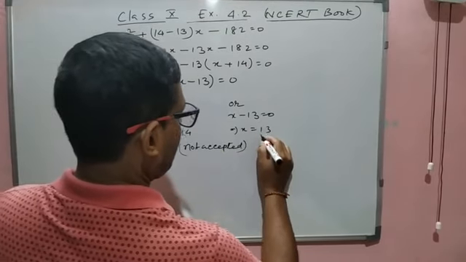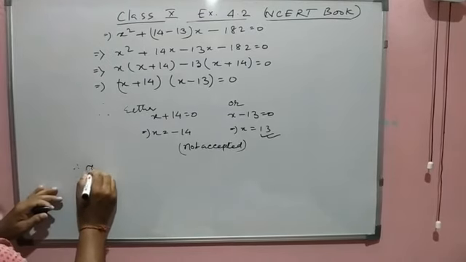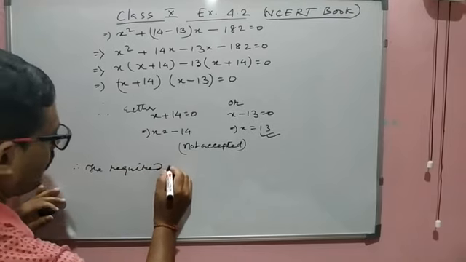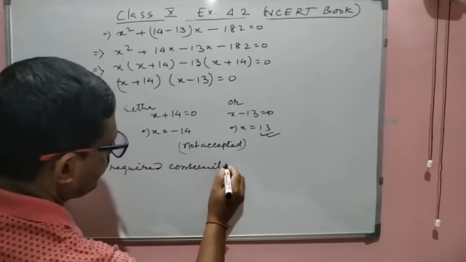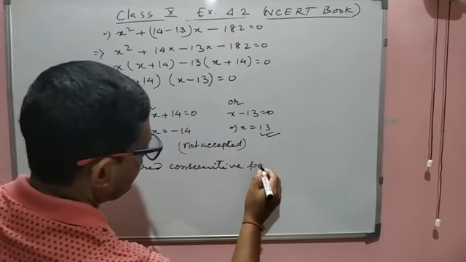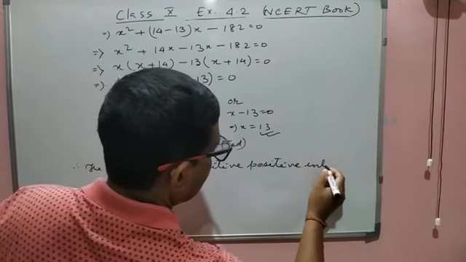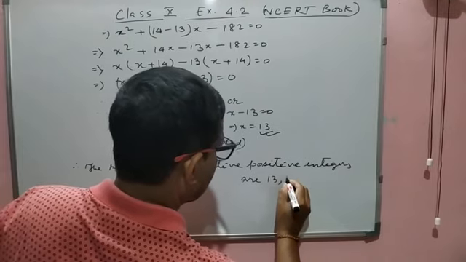So our value of x is 13. Therefore the required consecutive positive integers are 13 and 14.